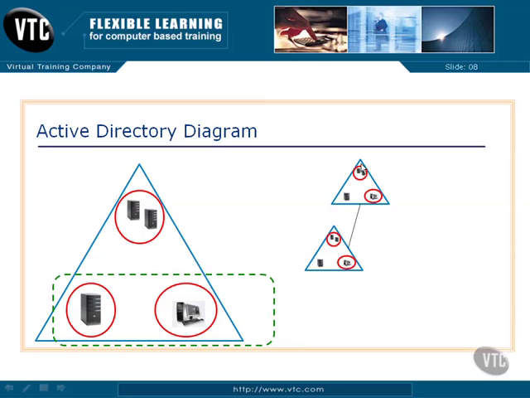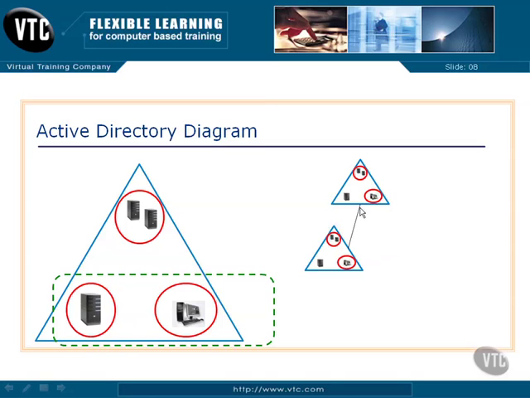Well, I can have a domain here called vtc.com. Then I can have another domain called sales.vtc.com. Now, why would I want to have different domains? Well, I may want to have a different security context for these guys, with either tighter or less security. By putting them in a different domain, I can take care of those different security requirements.